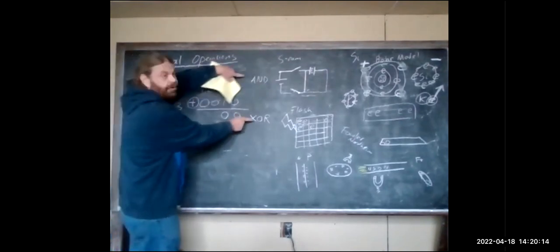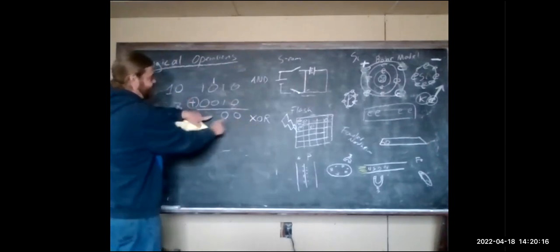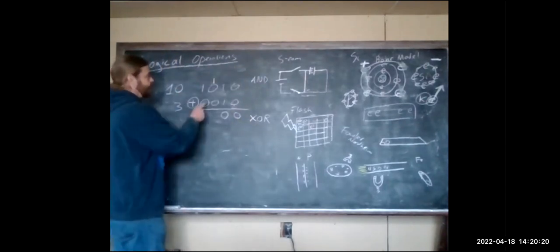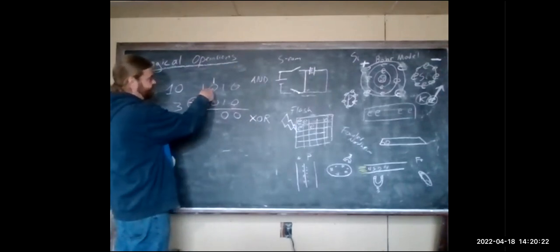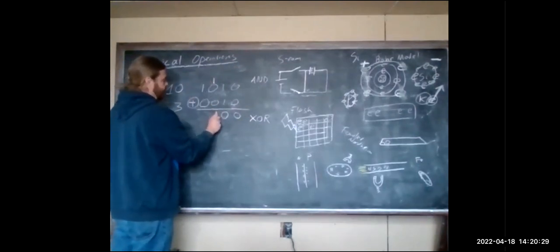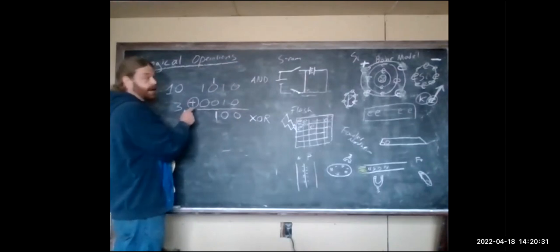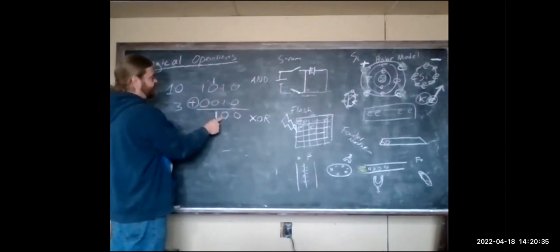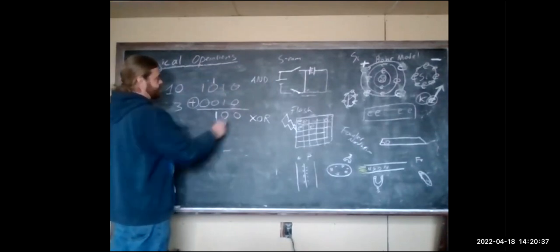And then actually we need 2 layers of that, because we have to check this result with anything carried from the previous column. And again, 0 and 0 XOR 0 is going to be 0. But then when we XOR that with another 1, we get a 1. Just like we were doing the other day, 1 plus 0 gives us a 1. 1 plus 1 gives us a 0, we carry the 1.